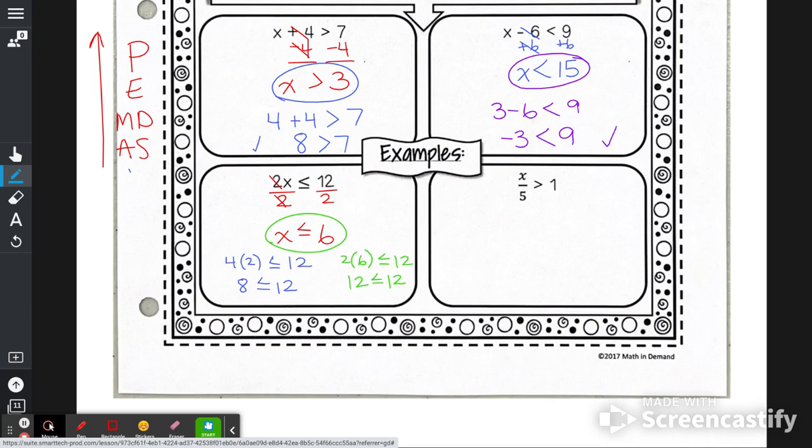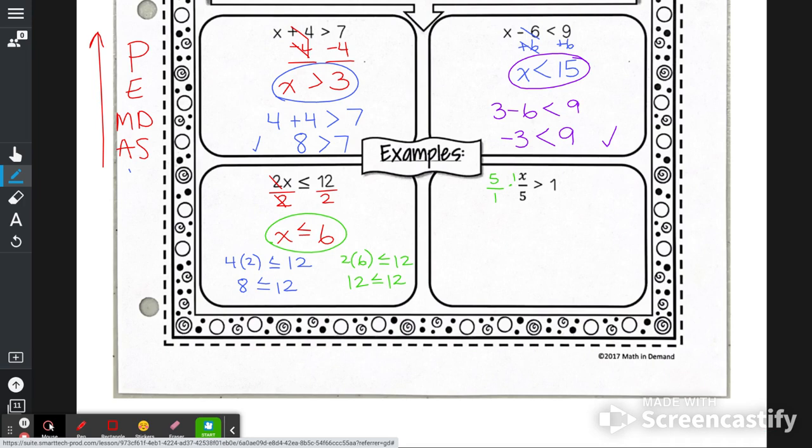Not cross multiplication, just multiply. So I am dividing x by 5, so I need to multiply by 5. Perfect. Isn't that the reciprocal, 5 over 1? Because this is 1x over 5. Do you see that?